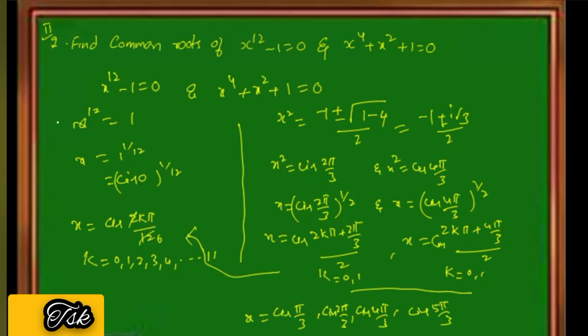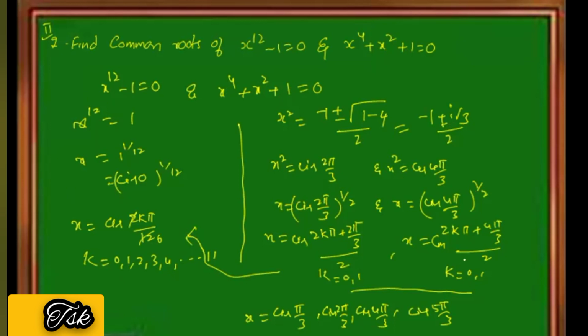Is it clear? First find the roots of x^12 = 1, and then x^4 + x^2 + 1 = 0. Look here, if you consider this as a^2 + a + 1 = 0, then ω and ω^2 are the roots. ω is nothing but cis 2π/3, and ω^2 is nothing but cis 4π/3. So x is nothing but (cis 2π/3)^(1/2) and (cis 4π/3)^(1/2). Each will have two roots.